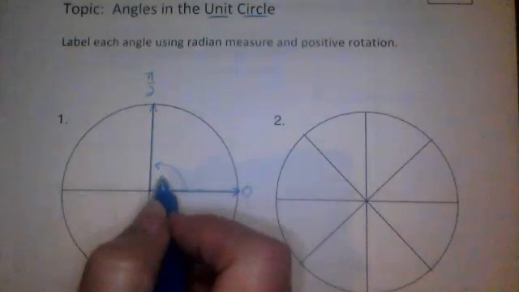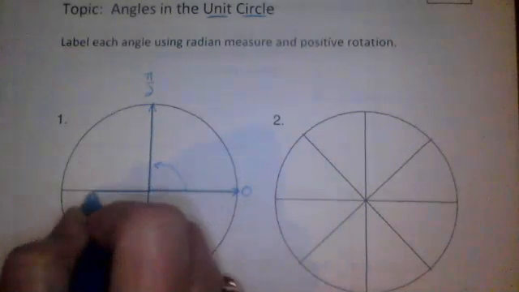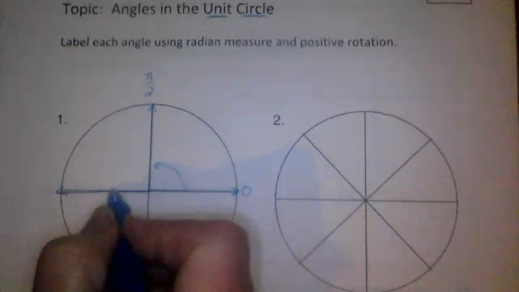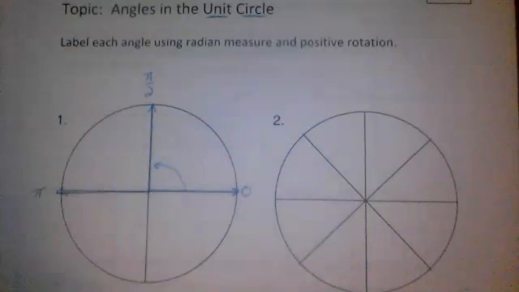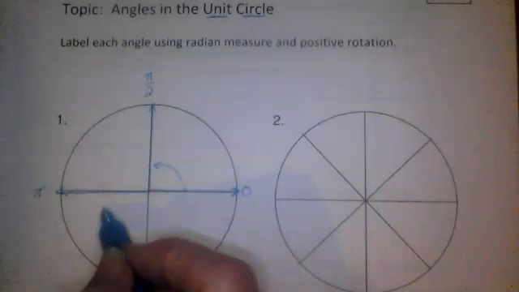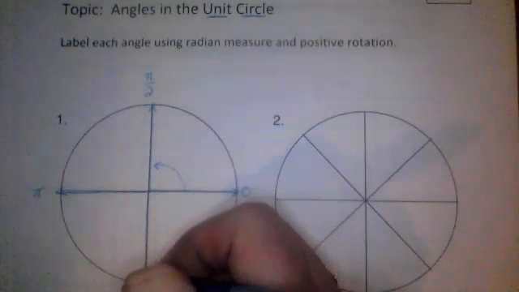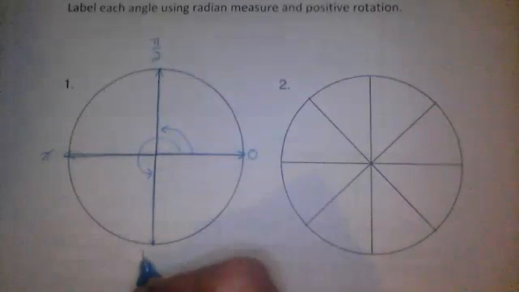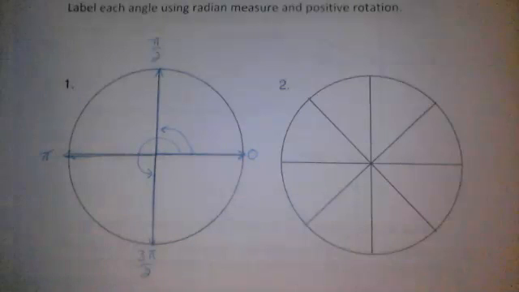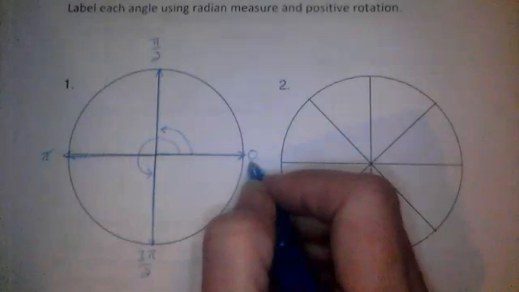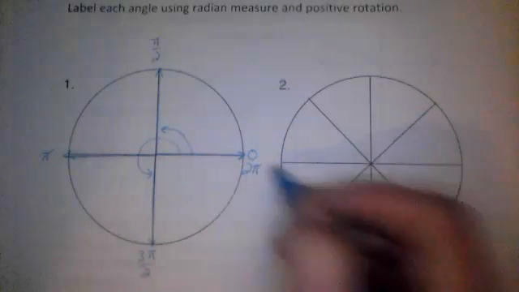And if I keep going around even further to this line, the negative x-axis, and I've gone 180 degrees or pi radians. And if I circle around to the bottom line from my initial side all the way to here, then I've gone 270 degrees, which is 3 pi halves radians. And then if I go all the way back around, I have 360 degrees, which we know is 2 pi radians.